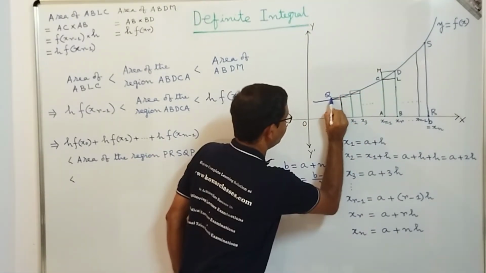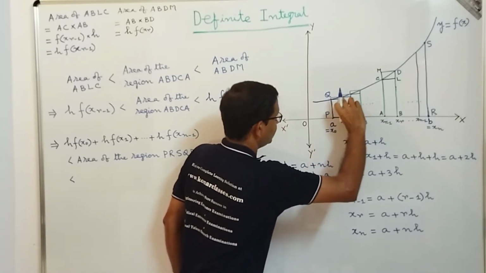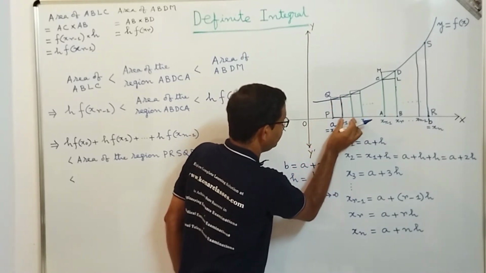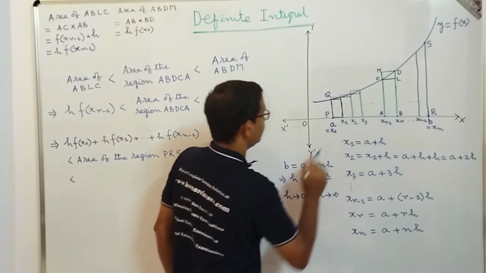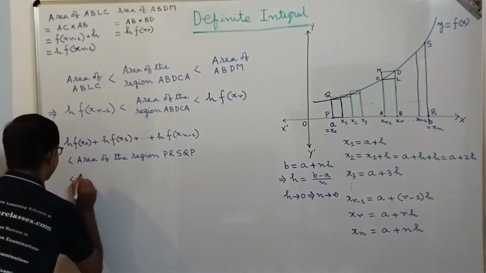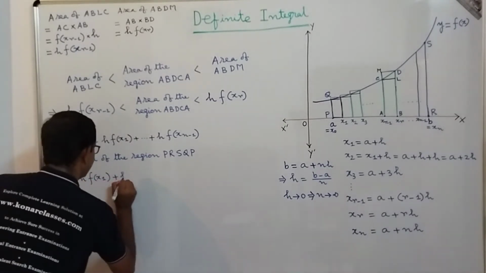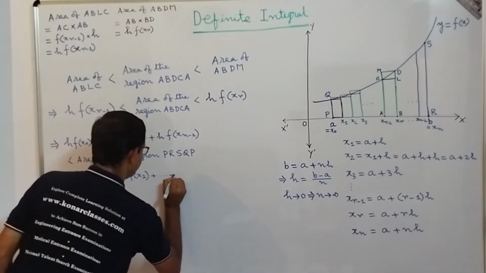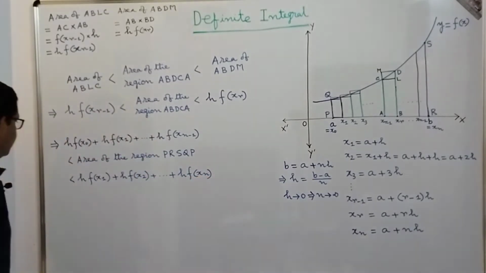To find the area of the first upper rectangle, h remains the same, but it will be f(x1), correct, this one. Then the next one will be h into f(x2), the right side of this rectangular part. So we can write h into f(x1) plus h into f(x2) plus dot dot dot plus h into f of xn, correct.